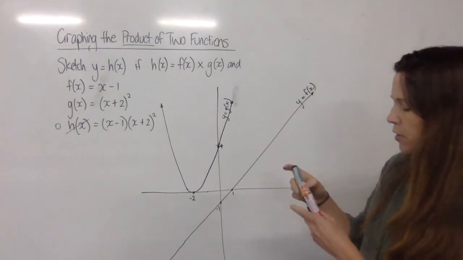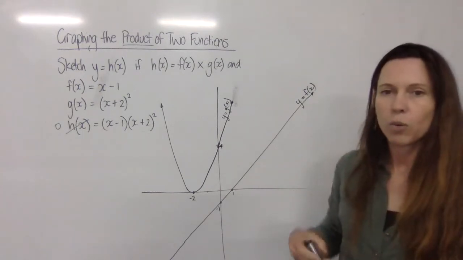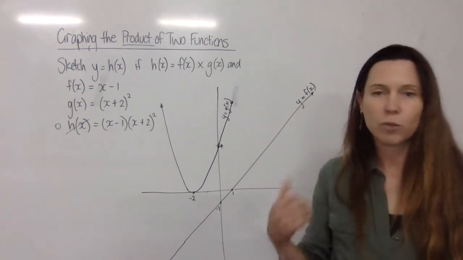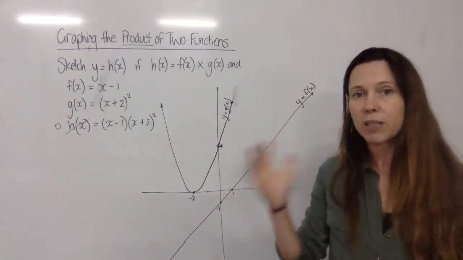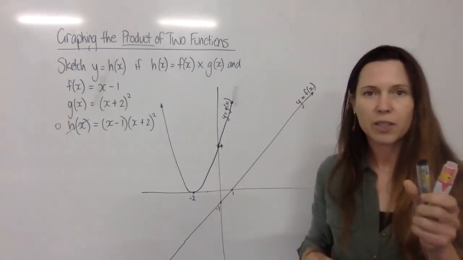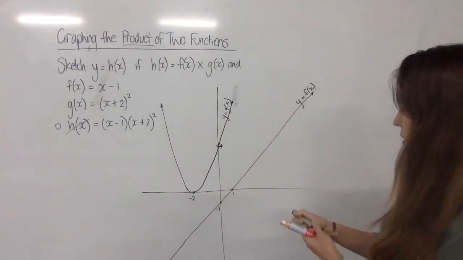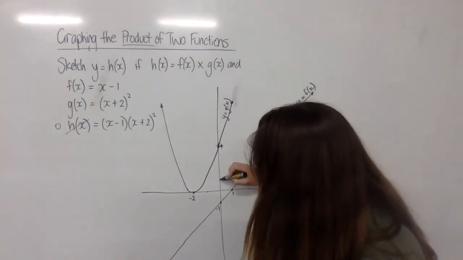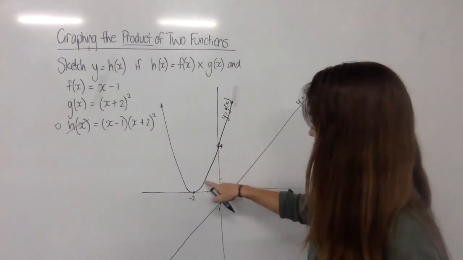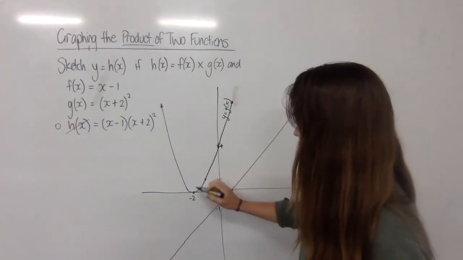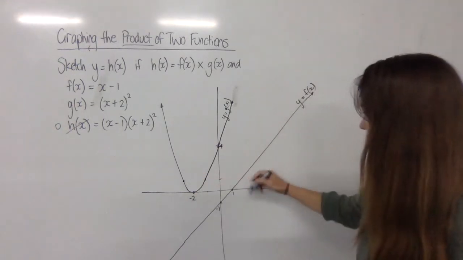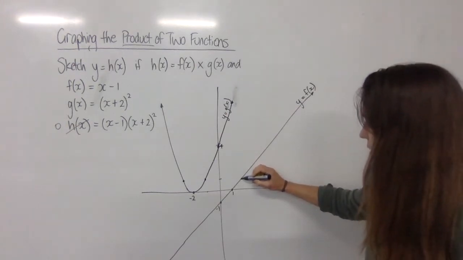So remember those things that we're looking for here. We're looking for places where y equals 1 on one of the graphs, because that will tell us that our new graph is sitting right on the other curve. So let's do that first. Let's have a look at when x equals 1, we've got, for this curve it's here, and for this one it's over here somewhere.